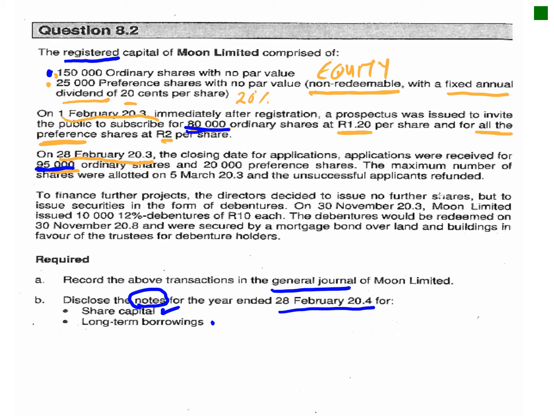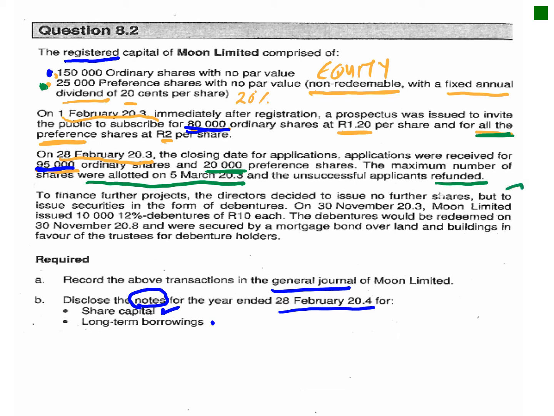Then if we look at the preference shares, we had 25,000 authorized. We wanted to issue all of them, but we only had applications for 20,000. So that means there's an undersubscription on preference shares of 5,000. The maximum number of shares were allotted on the 5th of March, and unsuccessful applicants were refunded.